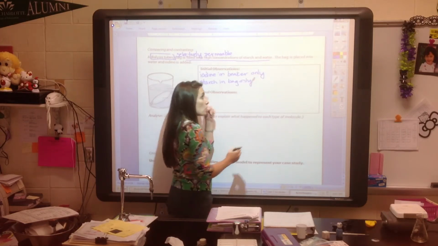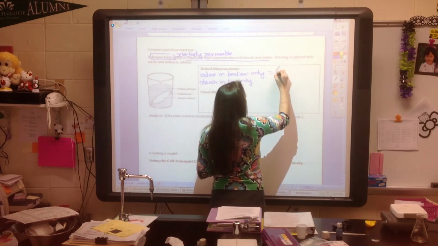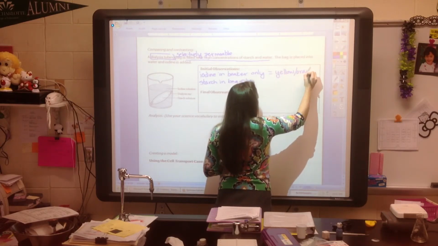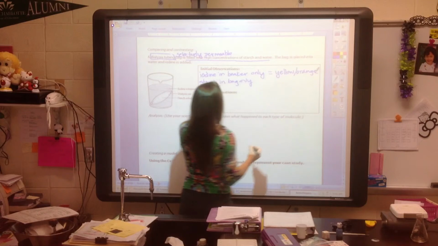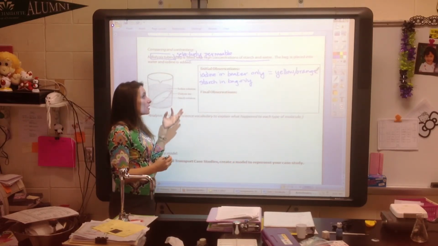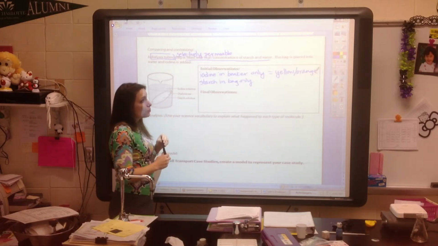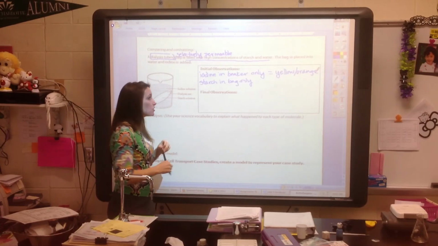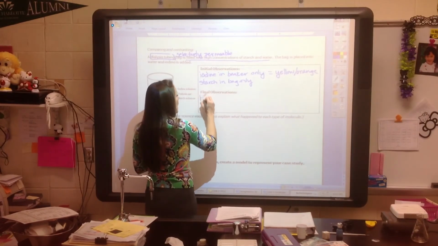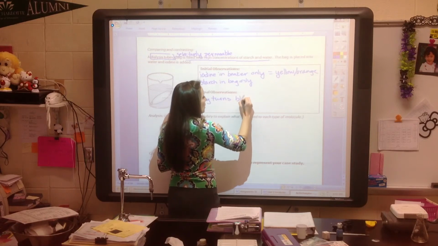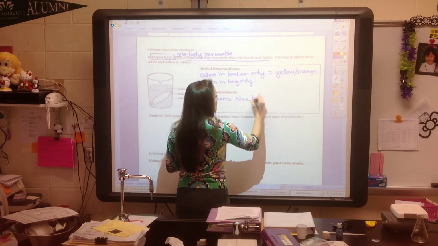And one quick thing to remember about iodine is that iodine starts as kind of a yellow-orange. If it runs into starch, it turns a certain color. But right now, to begin with, it would be yellow-orange. Our final observation is actually going to be that the bag turns blue-black, and the bag only.